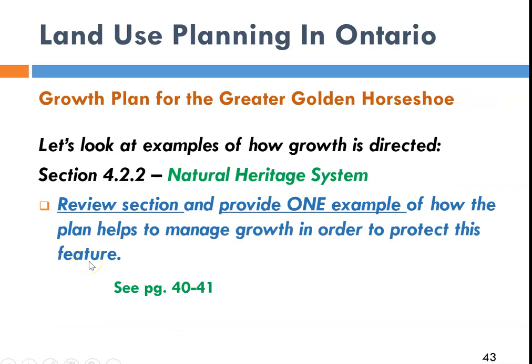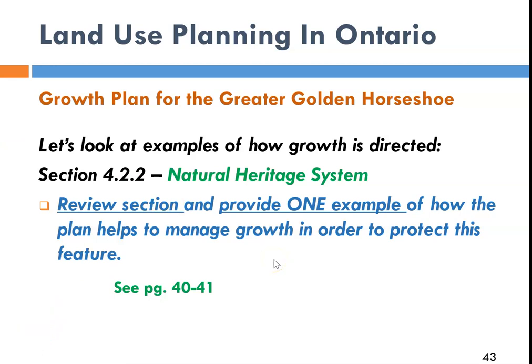Okay, so in order to get into some other details and get you to interpret a little bit more, I want you to have a look at page 40 and 41. And here in that growth plan, it's talking about some of our natural heritage systems. As you review that section, I want to see if you can pull out one example of how the plan helps to manage growth in order to be more protective of natural heritage systems.